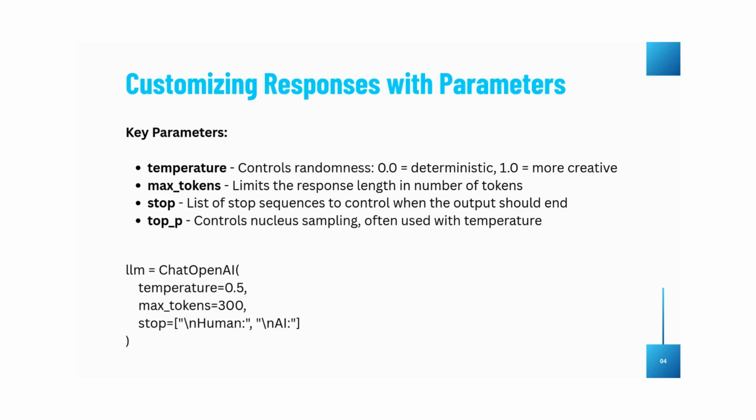This gives you a controlled, focused, and formatted output ready to be displayed in your app. Tuning these parameters gives you precise control over how your app talks to users. In the next slide, we are going to discuss how to handle API calls efficiently.